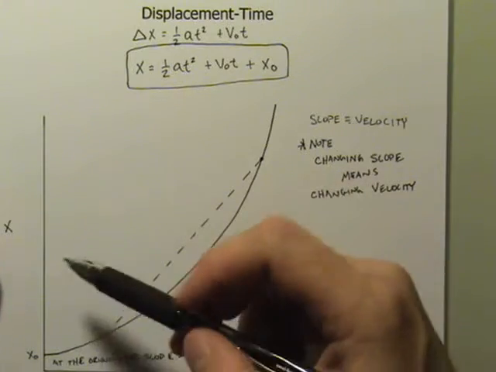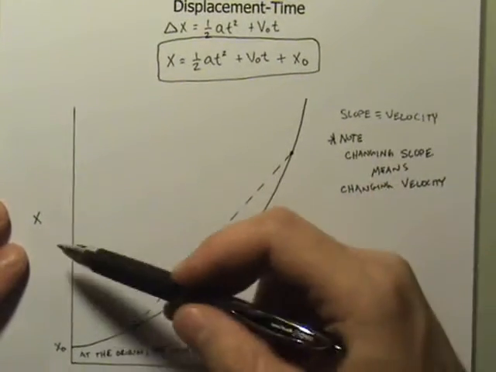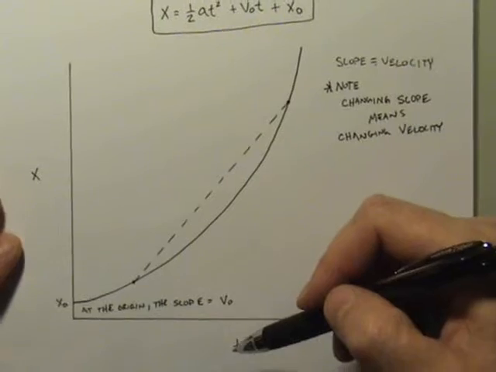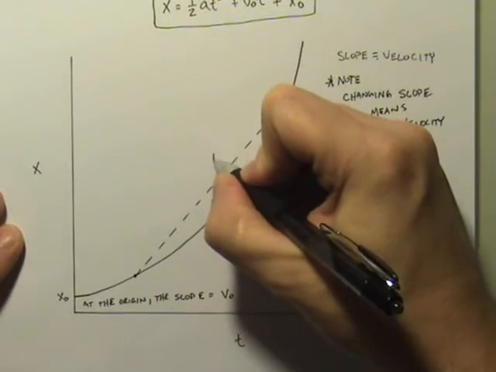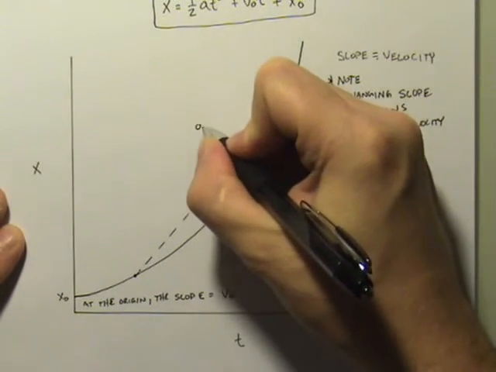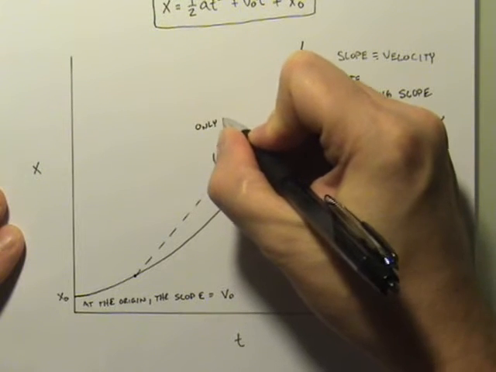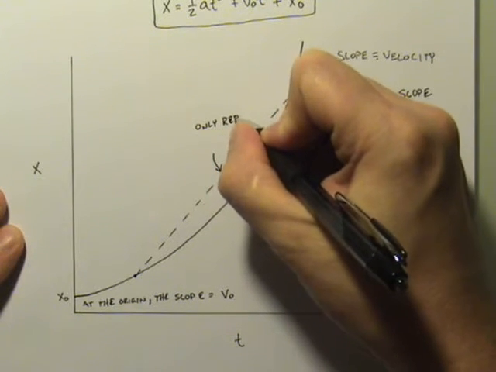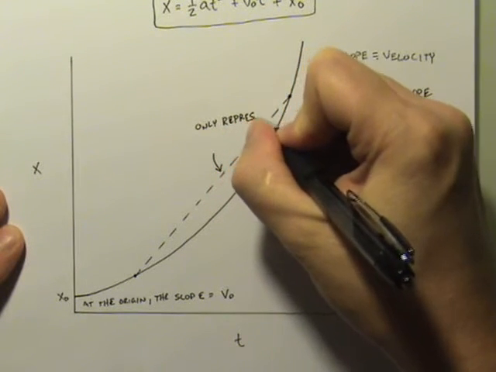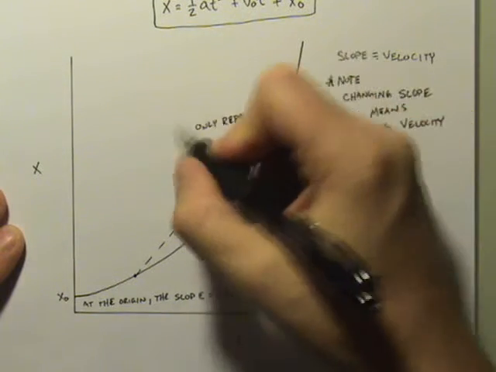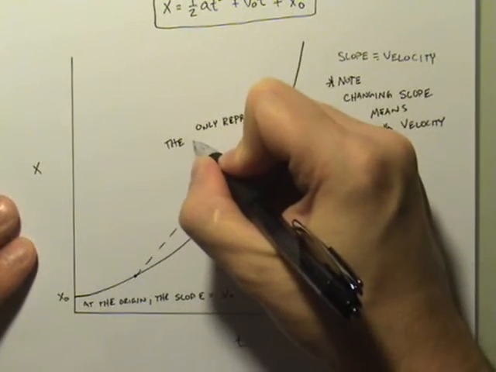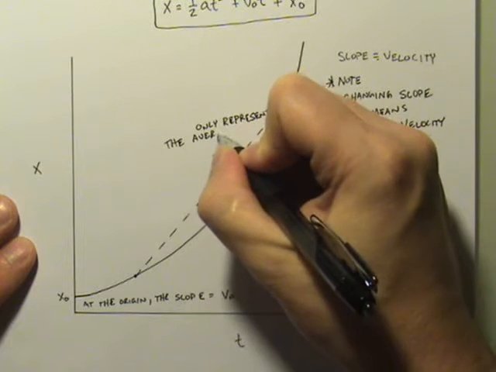It will absolutely work. I'll have a change in position or change in displacement over the change in time. However, this line would only represent the average velocity.